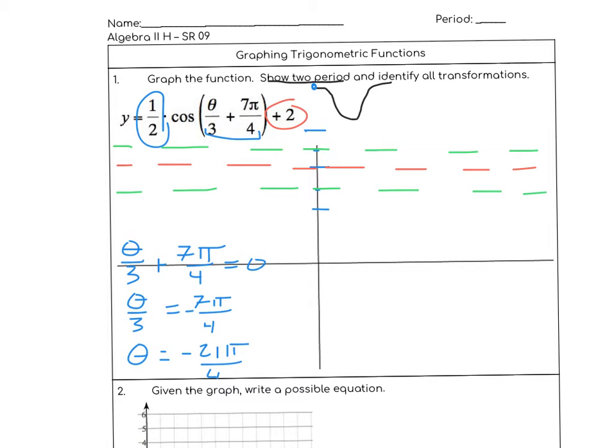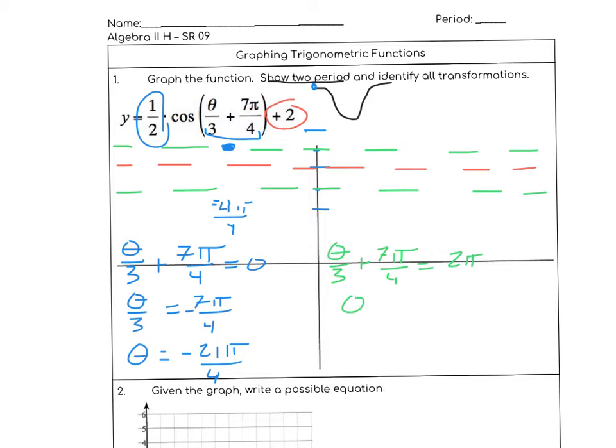So I'm going to put that point somewhere on the negative side of my graph, and let's just call that negative 21 pi over 4. Finding the end of that first cycle, we're looking at theta over 3 plus 7 pi over 4 is equal to 2 pi.